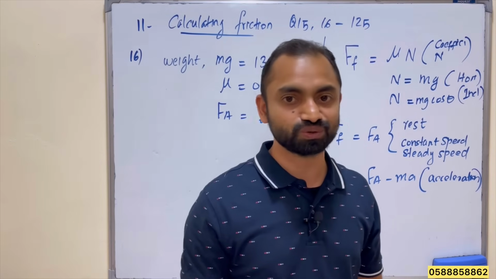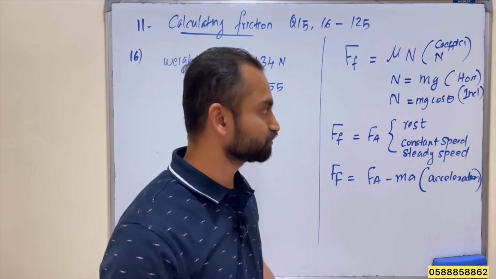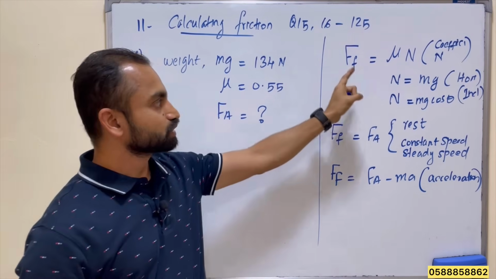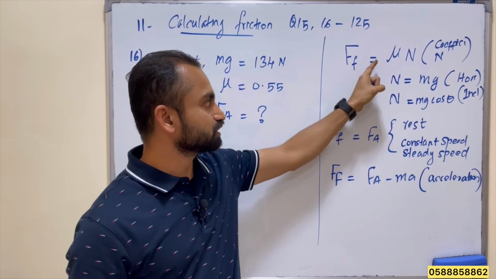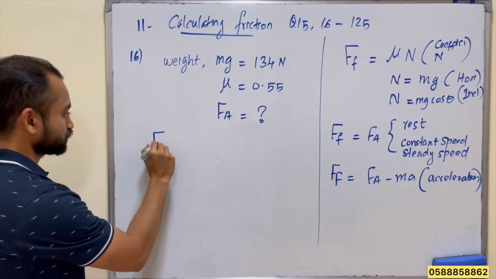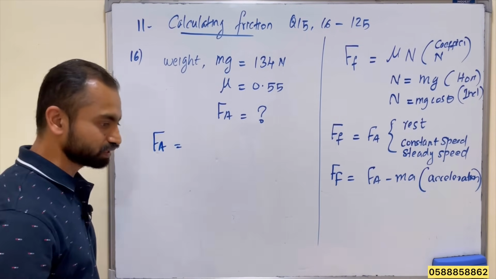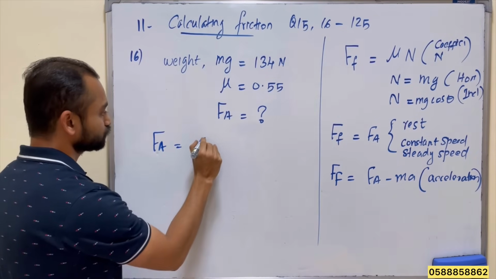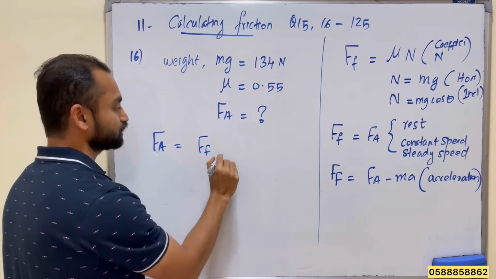What is the equation to calculate the maximum value of the static friction? Same equation, no difference. So how much force you need to apply to make an object start moving is equal to the maximum value of static friction.